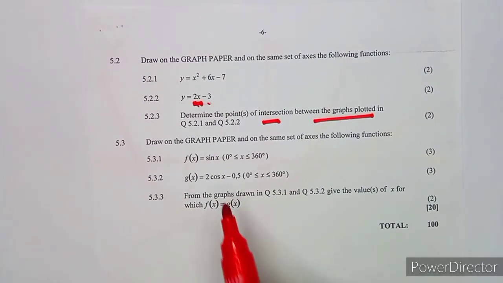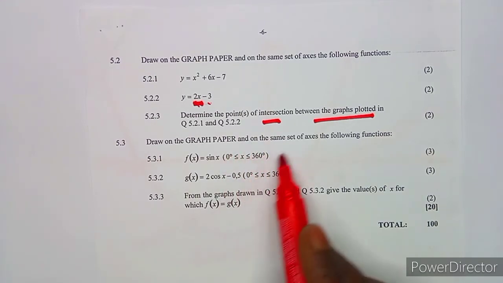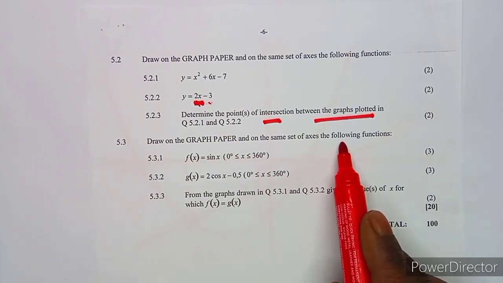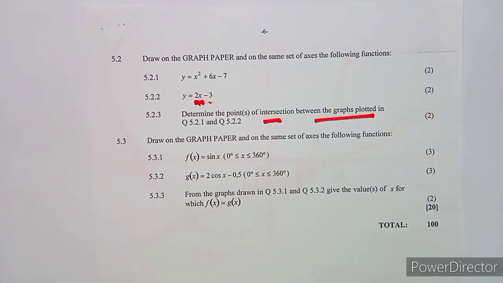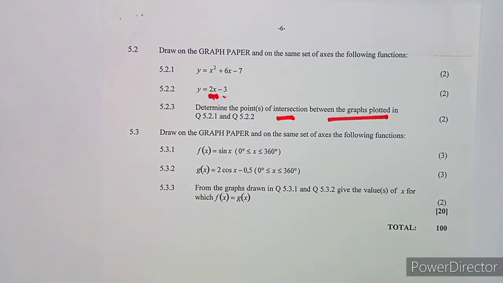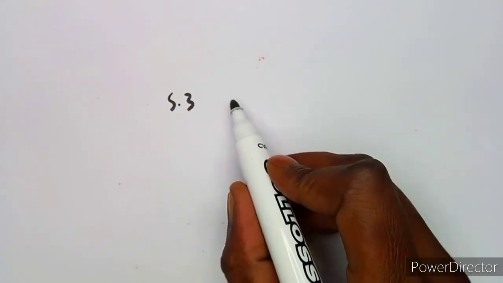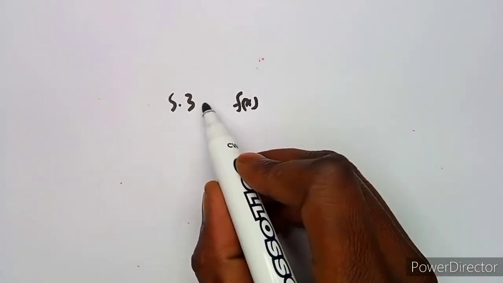Then draw the graphs on the same set of axes, the following functions: f of x from 0 to these functions. So remember, when we are to draw these typical trig functions, I told you guys it's best for you to have a table that you're going to follow there. So the first one is f of x.